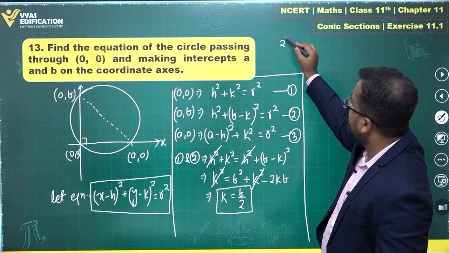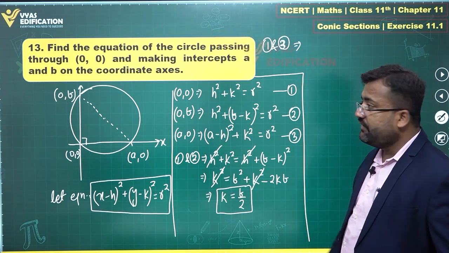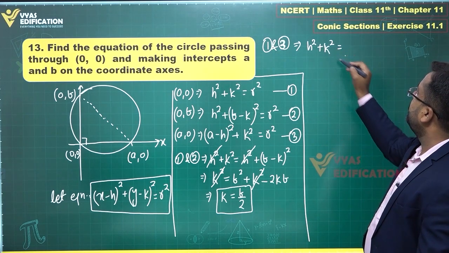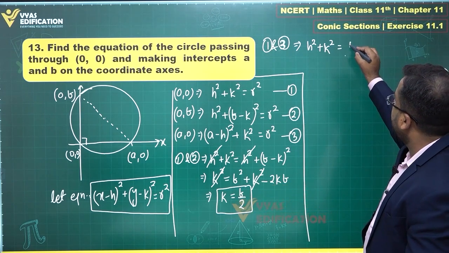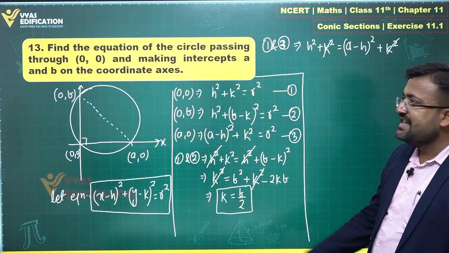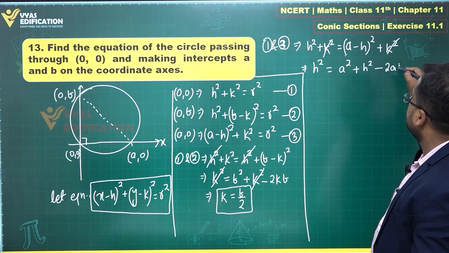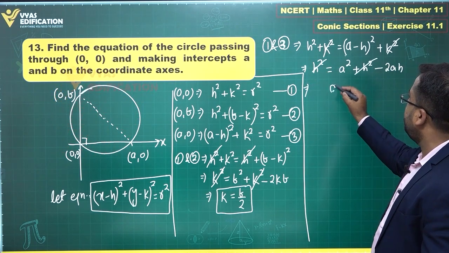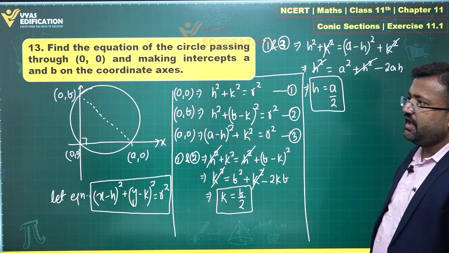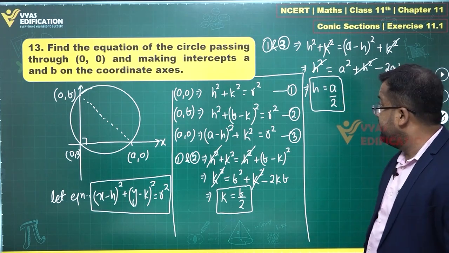Similarly, let's use equations 1 and 3. Using 1 and 3, h² + k² = (a − h)² + k². The k² gets cancelled, and in the next step h² also gets cancelled, so 2ha = a², which implies h = a/2. k is already b/2 and h has been found.